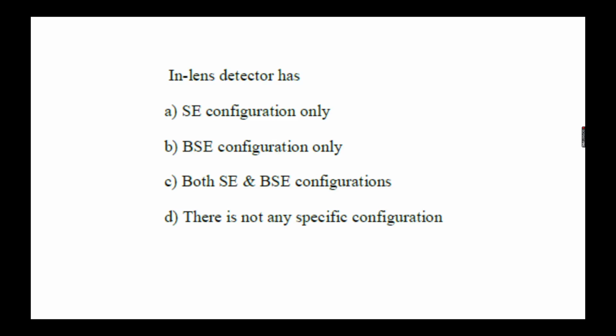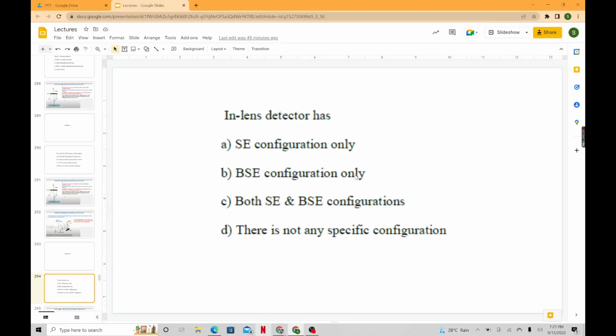If you have watched the lectures, you can give the answer for this. Can you guess or give me the answer? The in-lens detector has what? Both SE and BSE configuration. Okay, fine.